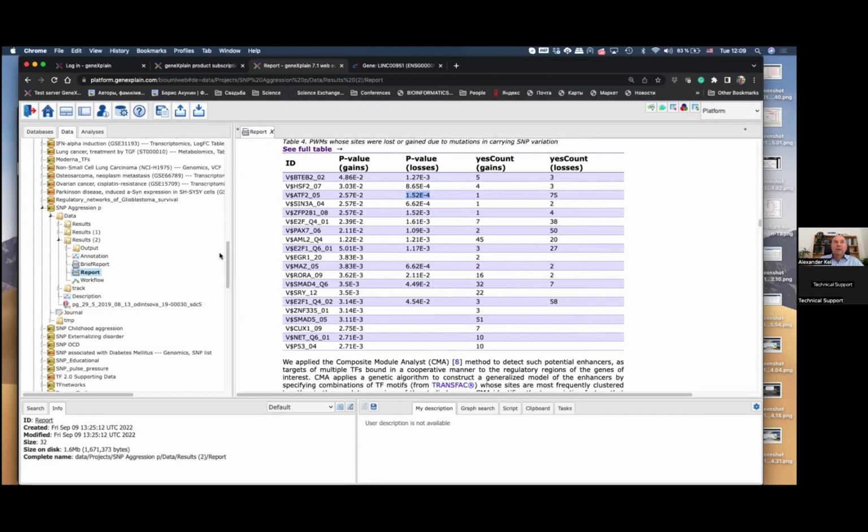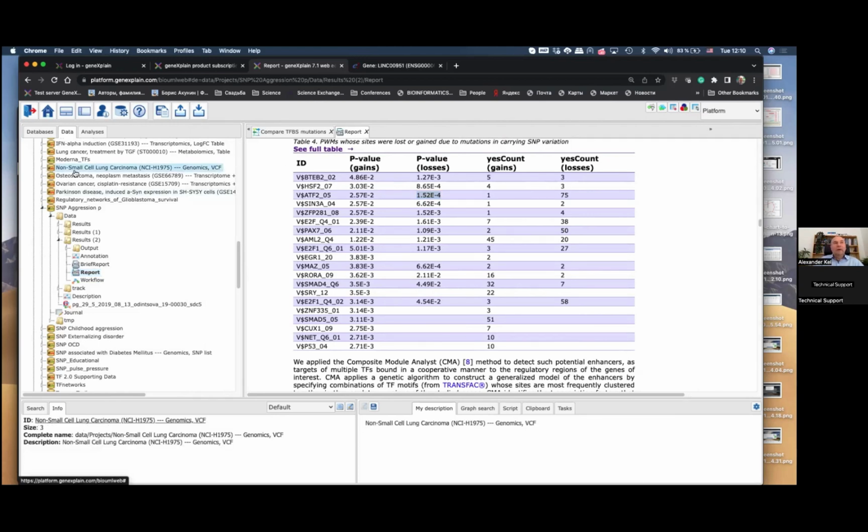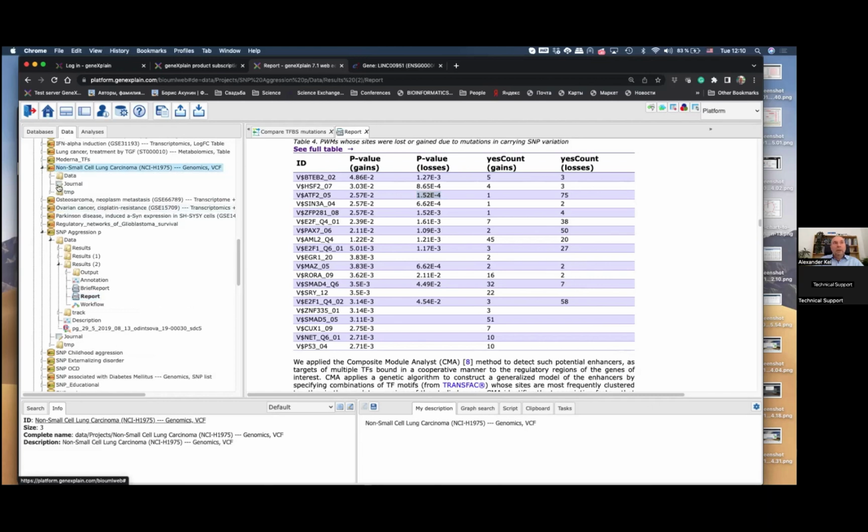For instance, if you are analyzing the whole genome and you're analyzing not just SNPs but variability of genomes, and you are talking about 10,000 changes, 100,000 changes in the whole genome. For instance, we have here a VCF file in the case of non-small cell lung carcinoma.